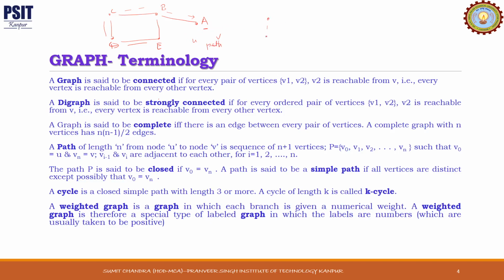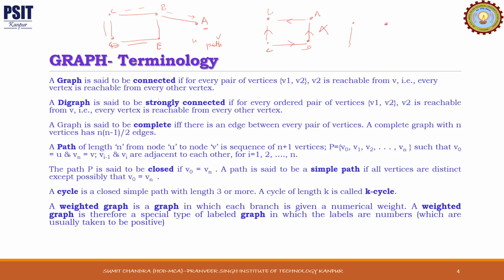Now the same idea, called strongly connected, is used in the case of a directed graph. So suppose this is the graph. From A we can reach D, but we cannot reach B. So this is not strongly connected.